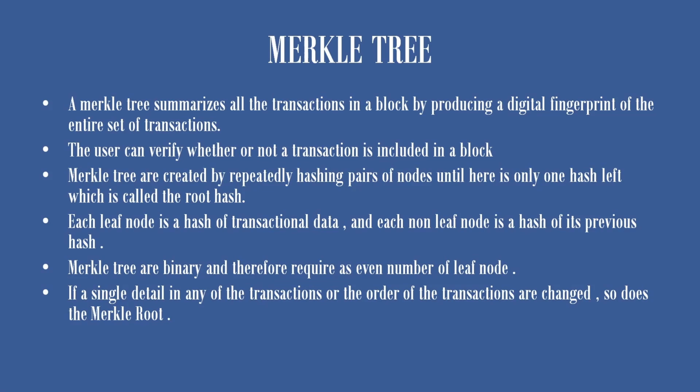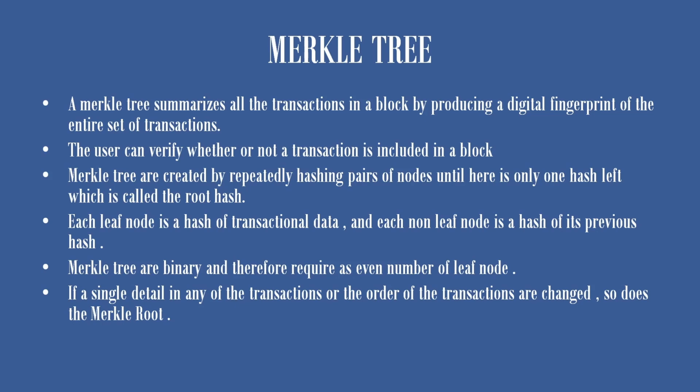A Merkle tree summarizes all the transactions in a block by producing a digital fingerprint of the entire set of transactions. The users can verify whether or not a transaction is included in a block. Merkle trees are created by repeatedly hashing pairs of nodes until there is only one hash left, which is known as the Merkle root hash, which is present in the block header.